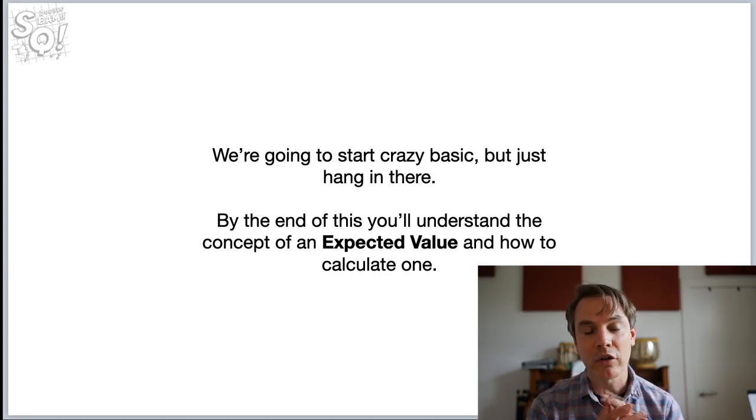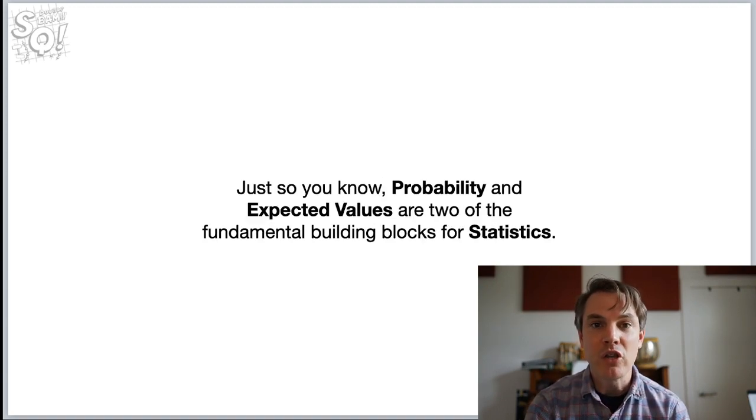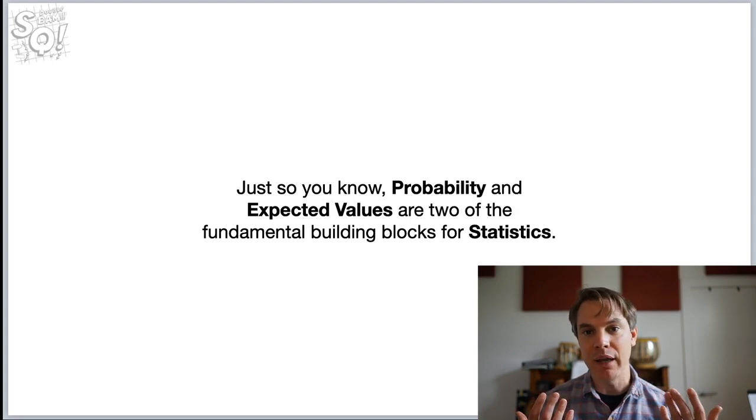Anyways, we're going to start off with simple probability stuff, but by the end, you're going to understand the concept of an expected value and how to calculate one. Okay, just so you know, probability and expected values are two of the fundamental building blocks for statistics. So if you ever try to figure out why something works the way it works, like why do we divide the variance by n minus 1 instead of n?